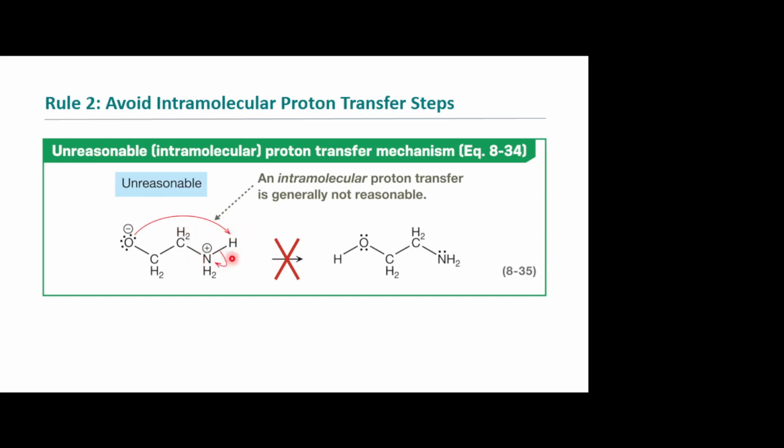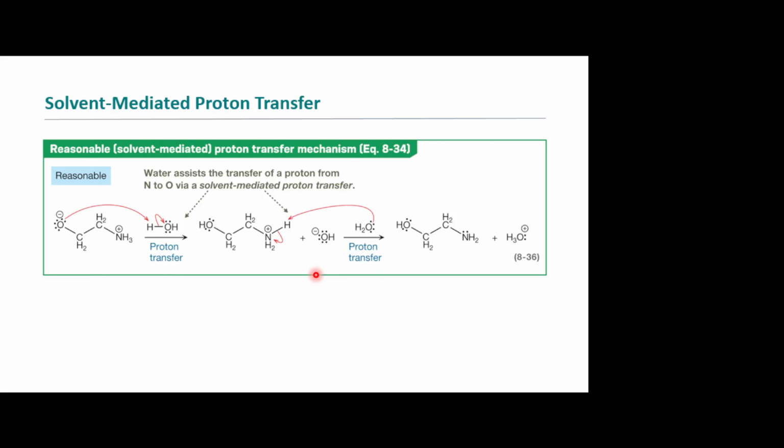And so it doesn't make any sense to do an intramolecular proton transfer within the molecule. So you're going to need a solvent to do it. Water or any solvent. So some solvent, water in this case, perfect. Transfer the proton to the water. The water can then transfer the proton back, right? Or vice versa. The only thing that matters here in terms of the order you'd go is your pKa's.